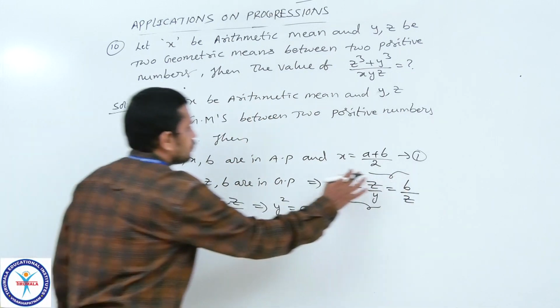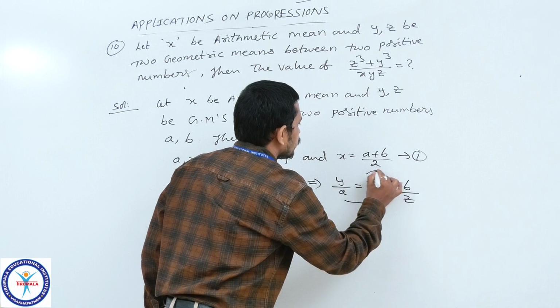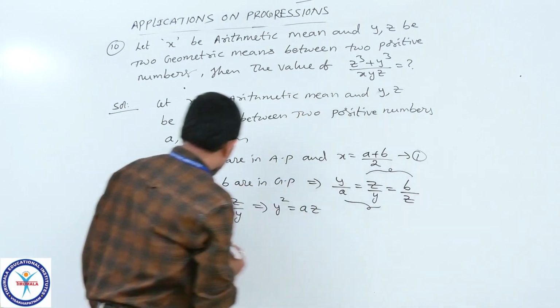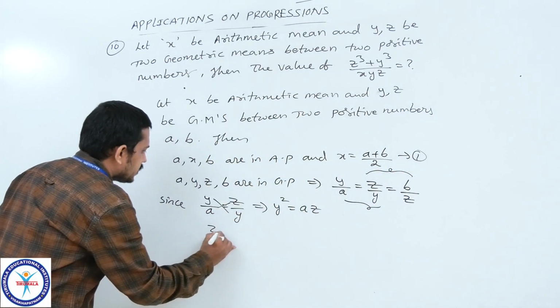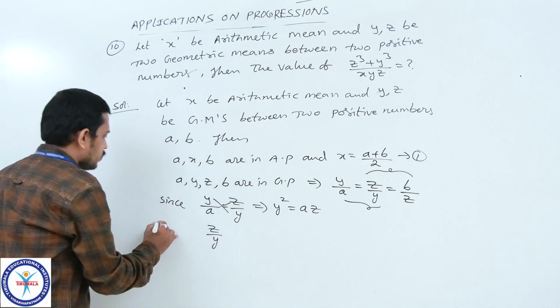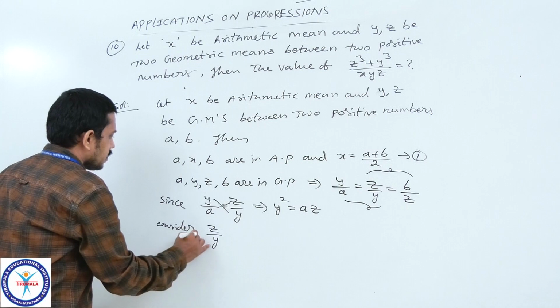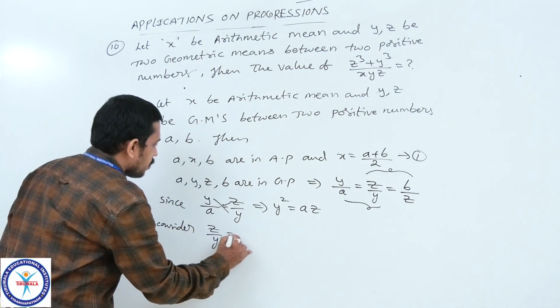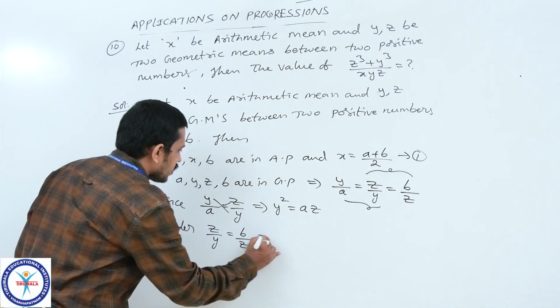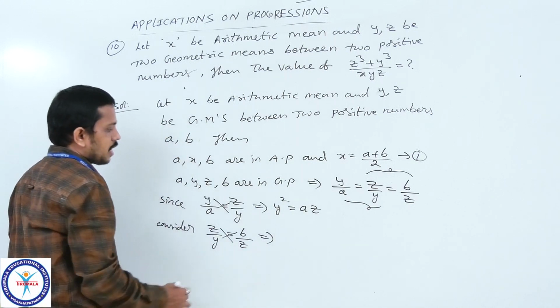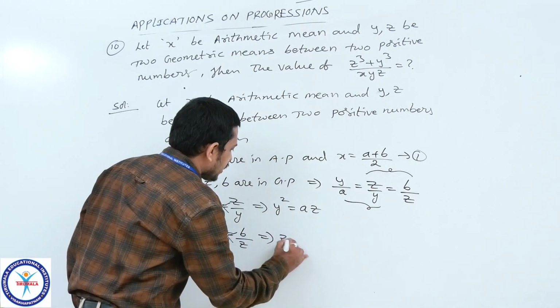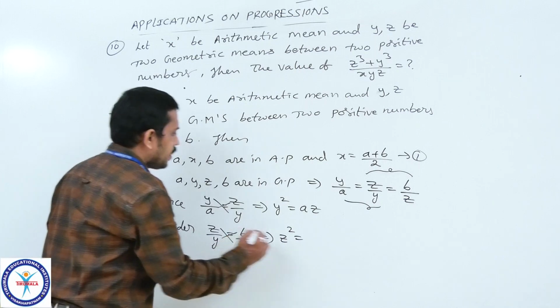From these two, consider z by y is equal to b by z. So from this, by cross multiplication, z square is equal to b y.